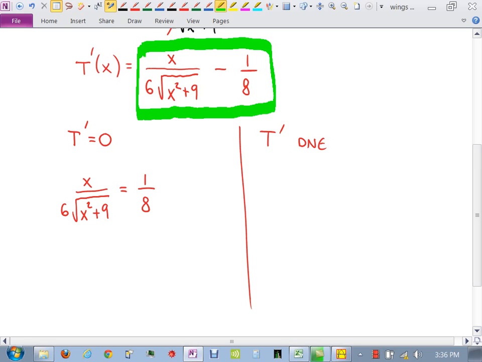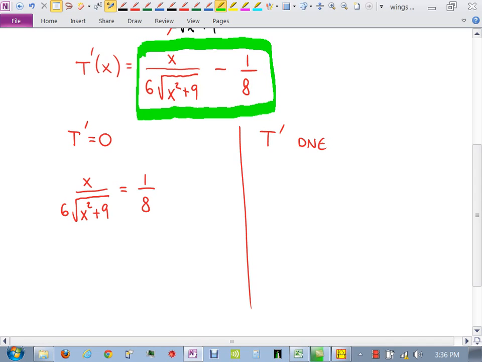Move that 1/8 over. Now I'm going to clear fractions. So let's get rid of the numbers. How about 6 and 8? What can I multiply both sides by to get rid of the 6 and the 8 at the same time? What's a common multiple of 6 and 8? 48, right? You can multiply both sides by 48. 24 is probably the least common multiple, right?